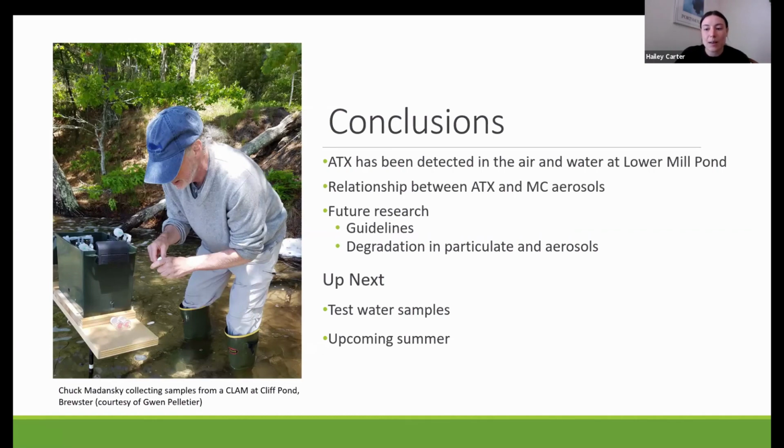And then lastly, this upcoming summer, I am going to further explore these relationships and collect some additional types of samples. My hope is to develop a model to help estimate the production of both microcystin and anatoxin aerosols.